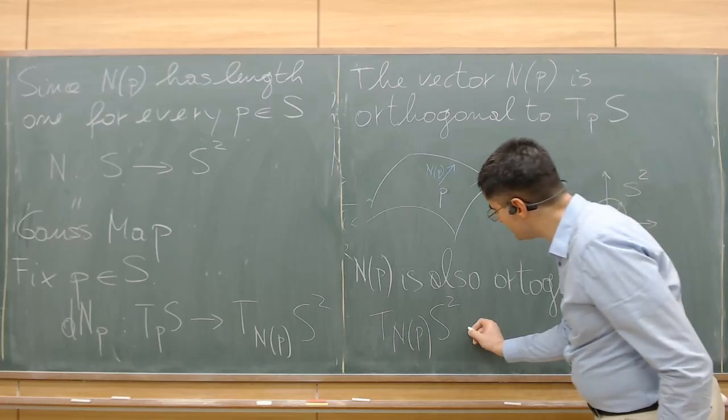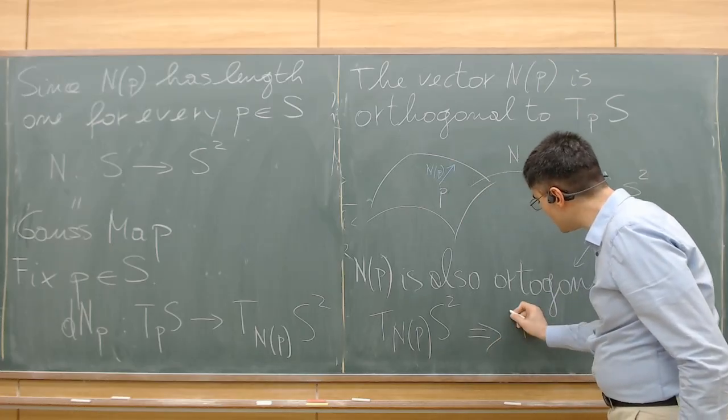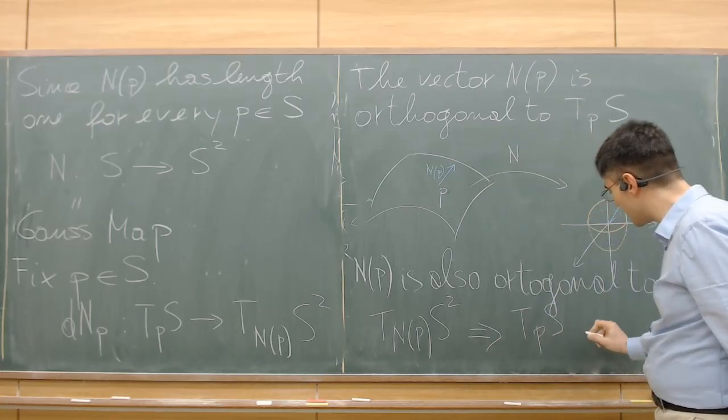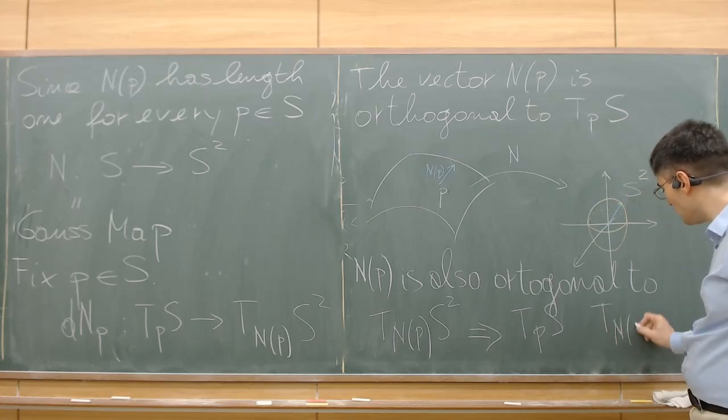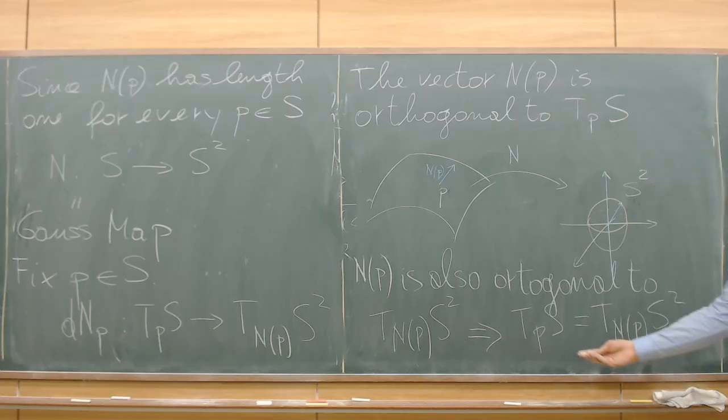This implies that T_P S can be identified with T_{N(P)} S2. And we can think of them as the same subspace of R3.